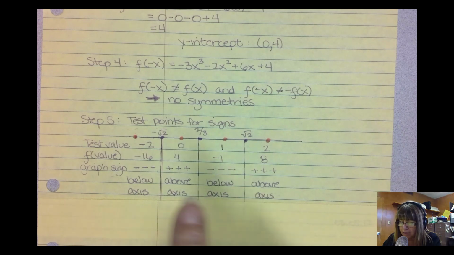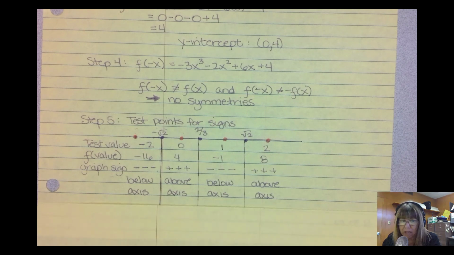All right? So that gives us some points that we can plot. We've got some idea about what our plot looks like in terms of where it's below and above. And therefore, we can do our final plotting.